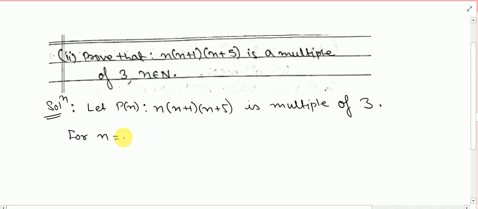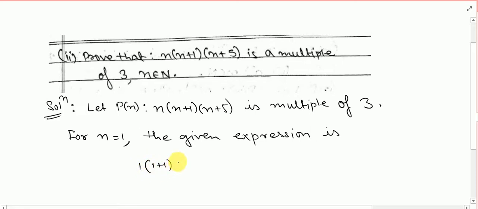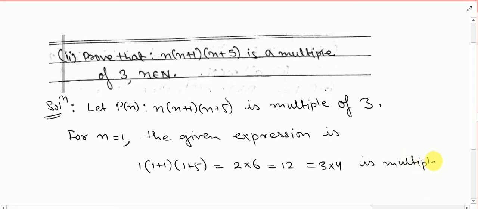For n equal to 1, the given expression is 1 plus 1 into 1 plus 5, so 2 into 6, that is 12, 3 into 4, which is a multiple of 3.